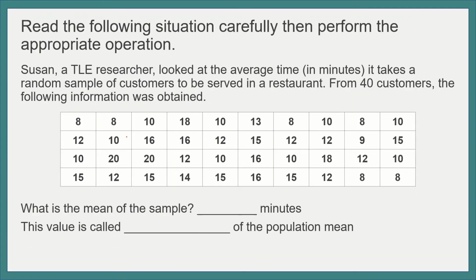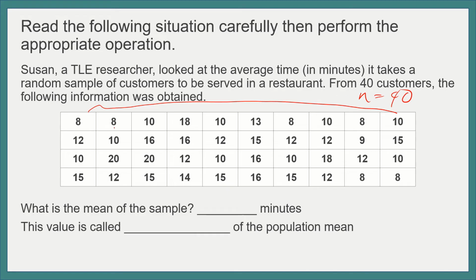For example, in the problem, Susan, a TLE teacher, looked at the average time in minutes it takes a random sample of customers to be served in a restaurant. From 40 customers, the following information was obtained. This is our sample, the data gathered from a sample, n is equal to 40.